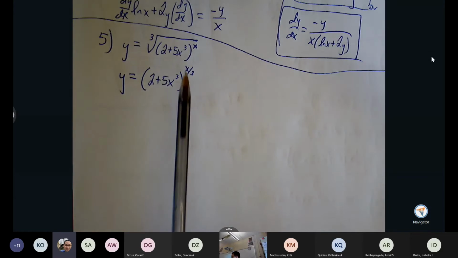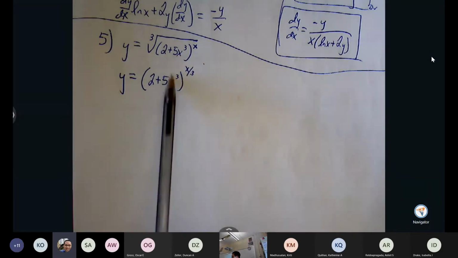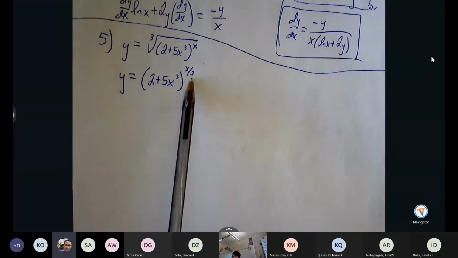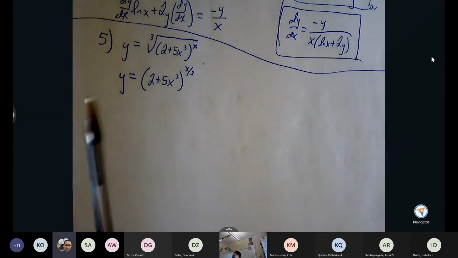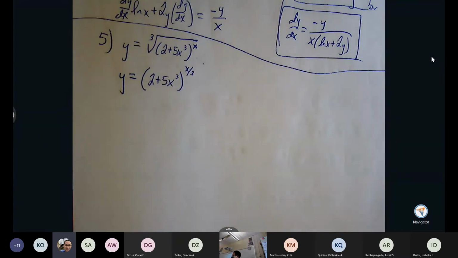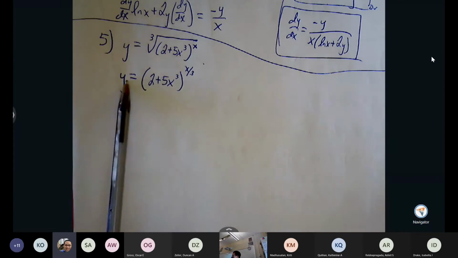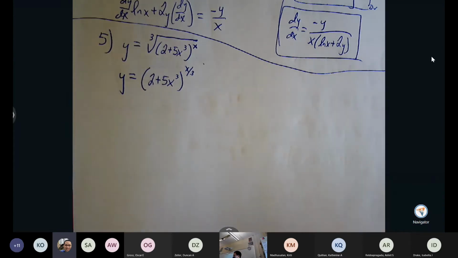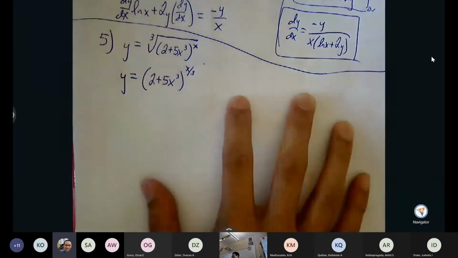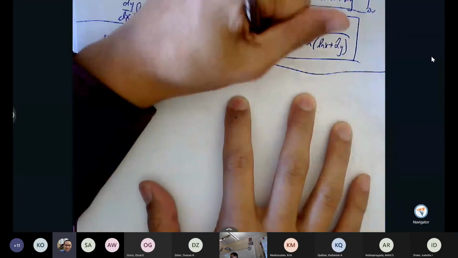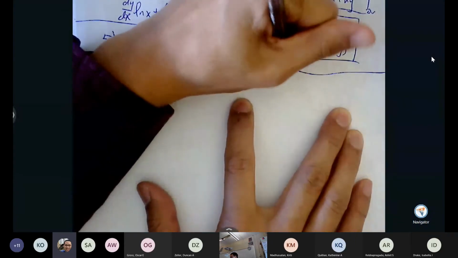Yeah, so that's the idea. The idea is that this exponent variable is causing issues. Good. We want this exponent in a different location. We want to bring it down, but to bring it down, we want to involve logs. So this is a very specific method called log differentiation.